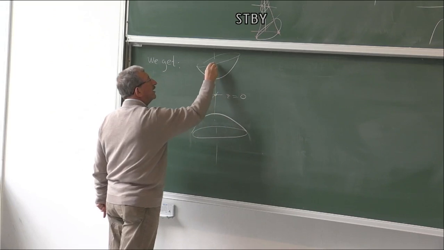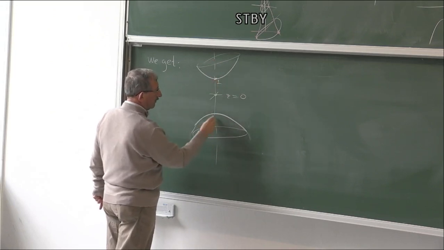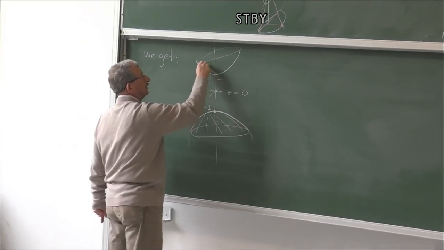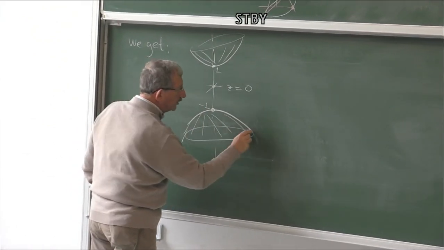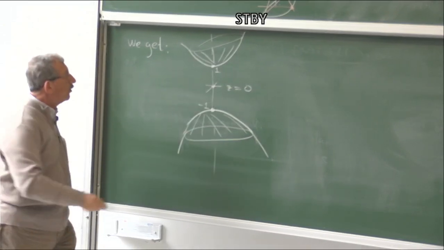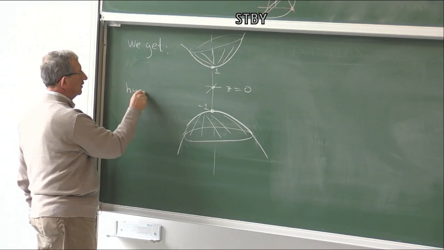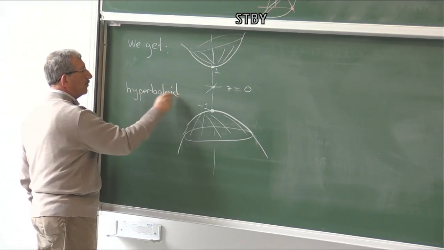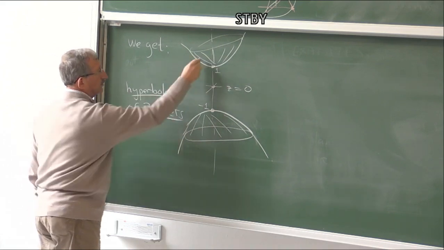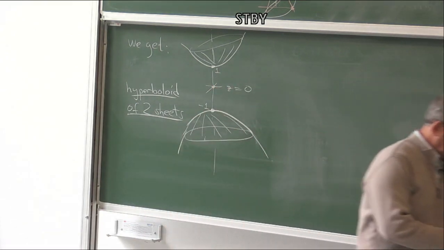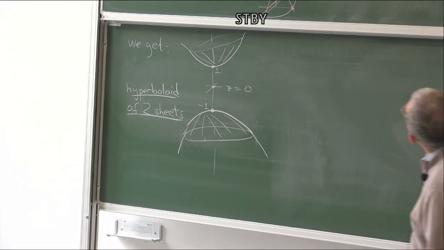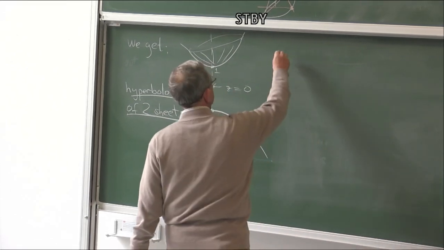We have nothing there. Here we have 1, here we have minus 1 for z. Of course, this is the surface in question. Again, it continues to infinity, and because it is determined by a hyperbola, it is called a hyperboloid, but of two sheets, because we have two of them. Well, that would be my example 3, so now example 4.